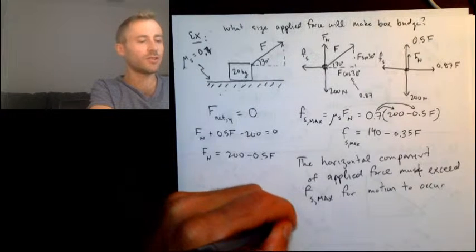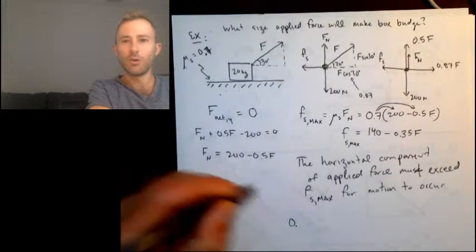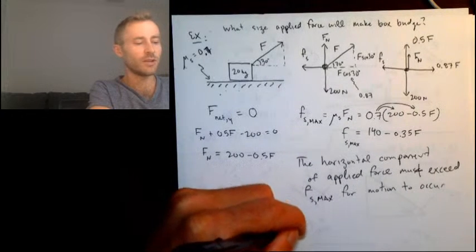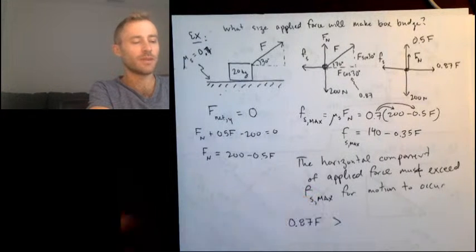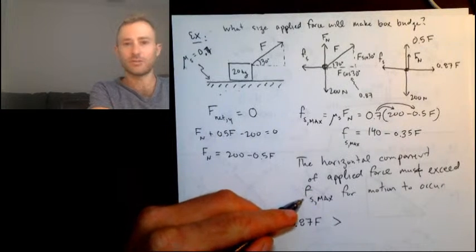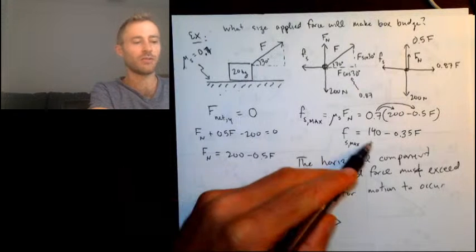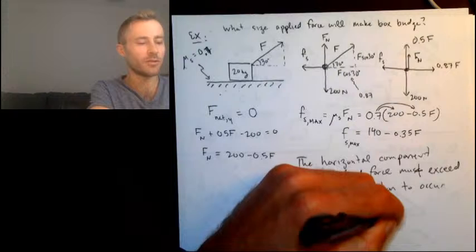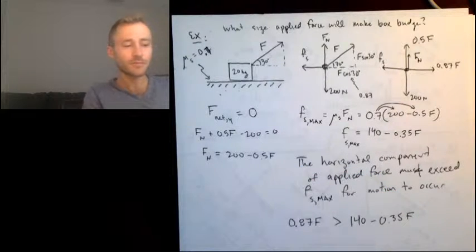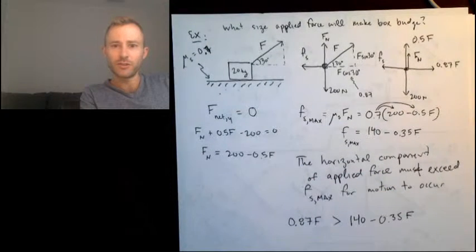So that means we must have the horizontal applied force, which is 0.87 F, has to be greater than the maximum static friction. The maximum static friction is 140 minus 0.35 F. So we can actually solve this equation.